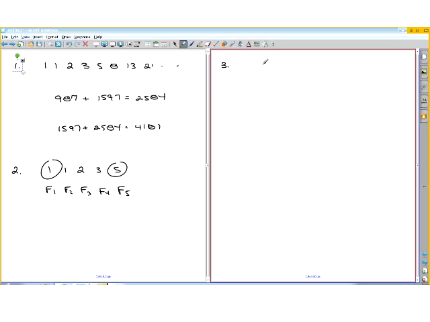Number 3, if F22 is equal to 17,711, and F24 is equal to 46,368, then what is F23 equal to? Well, we know that F22 plus F23 equals F24, so we can solve for F23.